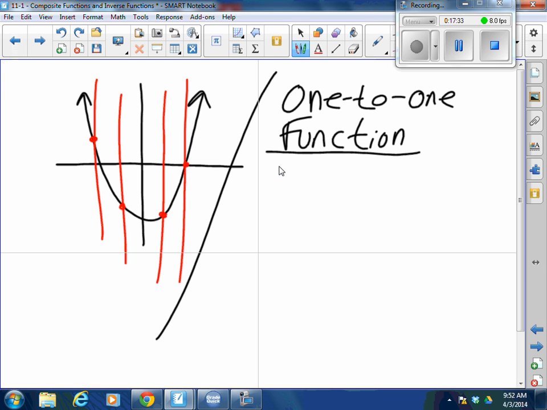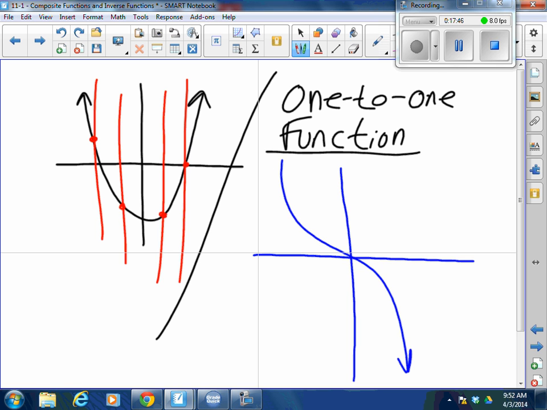We are still talking about one-to-one functions. Let's say that I have a cubic function. When we did a vertical line test, that determined if it was a function. Now we do a horizontal line test to see if it's a one-to-one function.